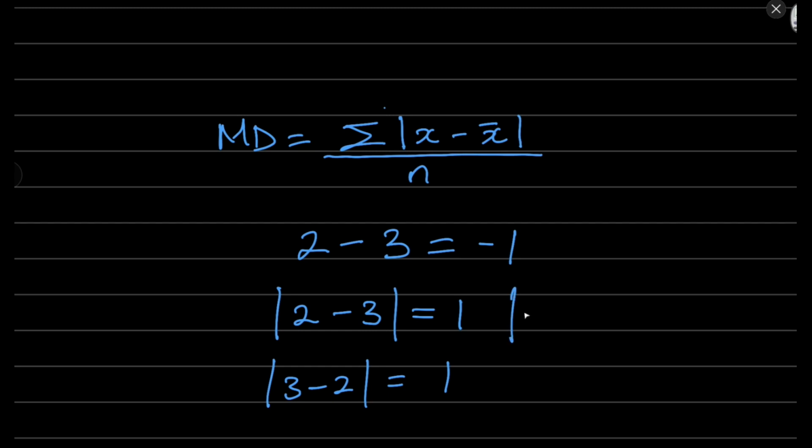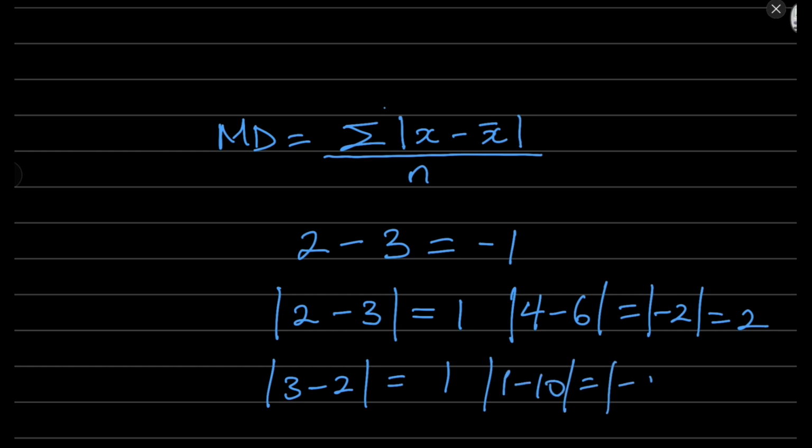The same thing, the absolute value of 4 minus 6: 4 minus 6 should be -2, but when you apply the absolute value, it becomes just 2. So we need just the number, irrespective of whether it's positive or negative. Also, 1 minus 10 should be -9, right?